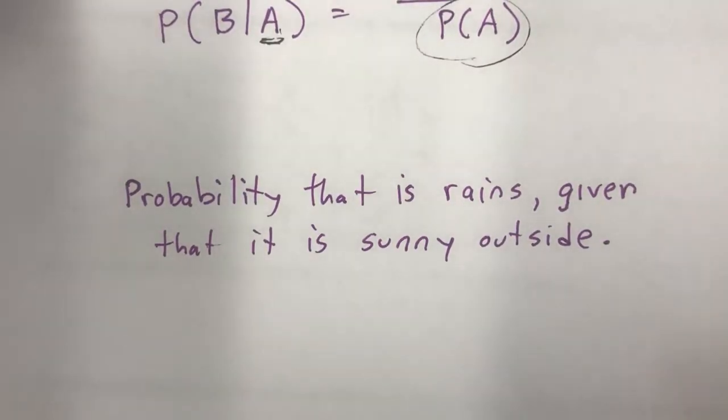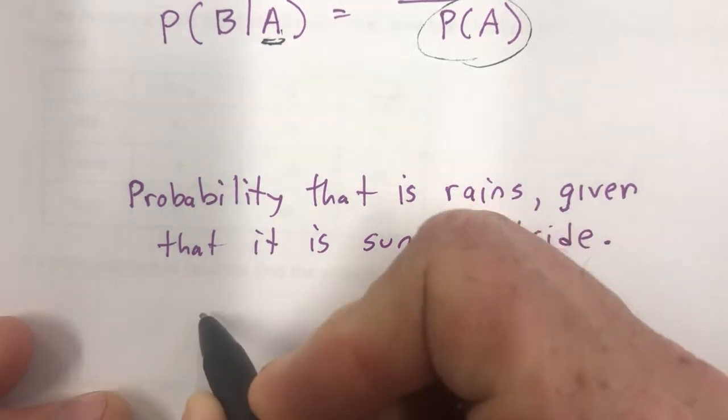What's the probability that it rains given that it's sunny outside? If you think about it, how often does it rain when it's sunny outside? Not very often, so that's a very, very small probability.